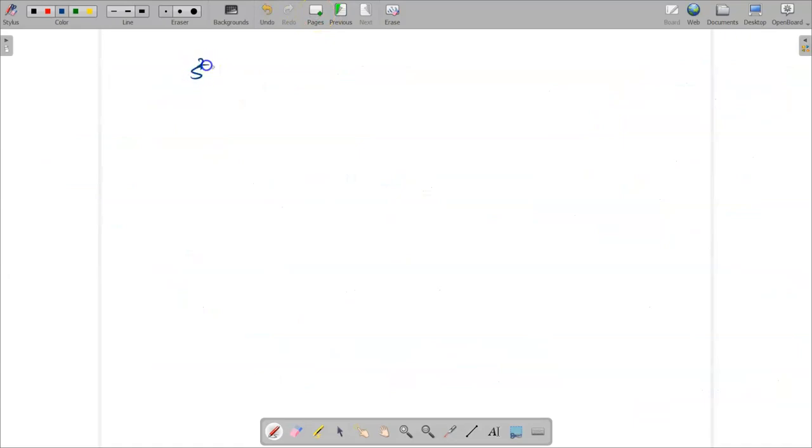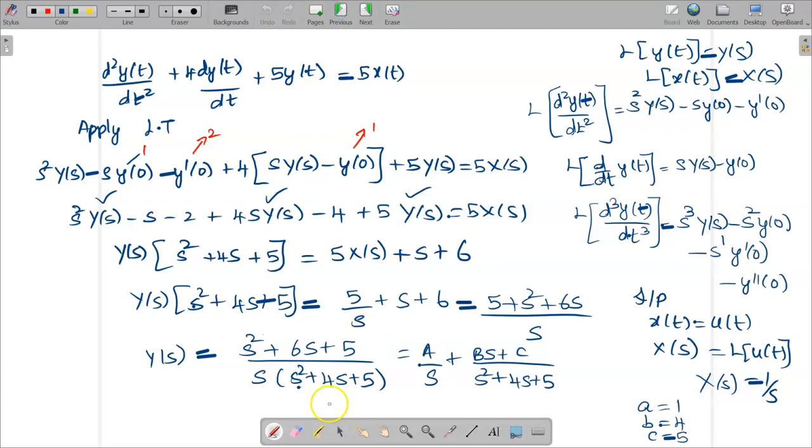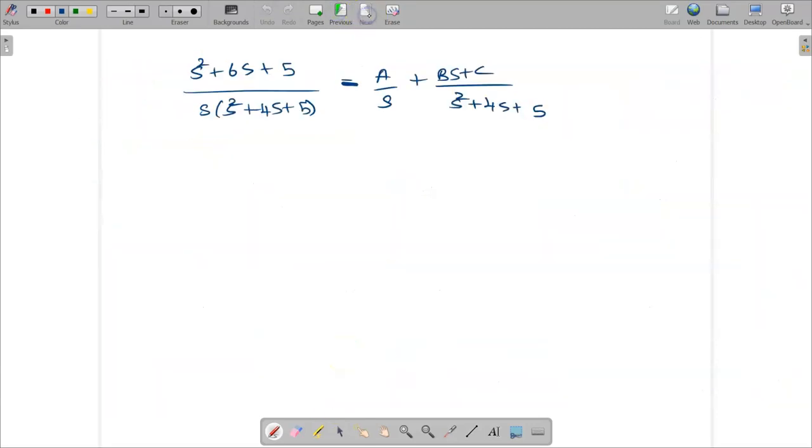So left hand side is s square plus 6s plus 5 divided by s into s square plus 4s plus 5, okay, which is equal to A by s plus Bs plus C divided by s square plus 4s plus 5. Okay. So you have written the equation as this.